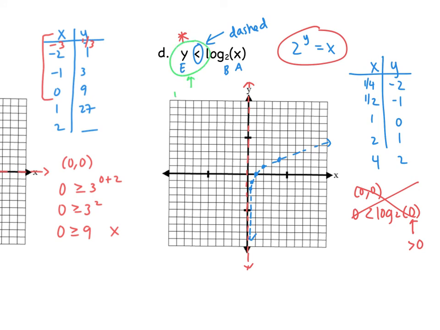This inequality says y is less than. Which way is less than, up or down? Down. Less than is below the graph. So for logs only, don't test a point. Just read the inequality. Less than will be below the graph, greater than will be above the graph.